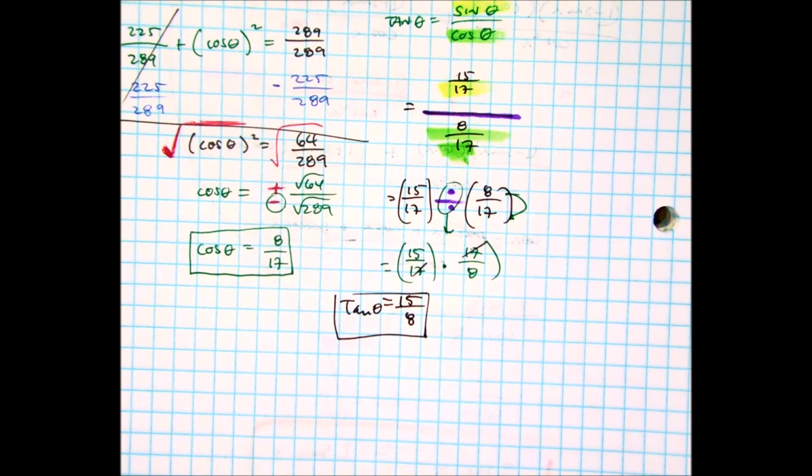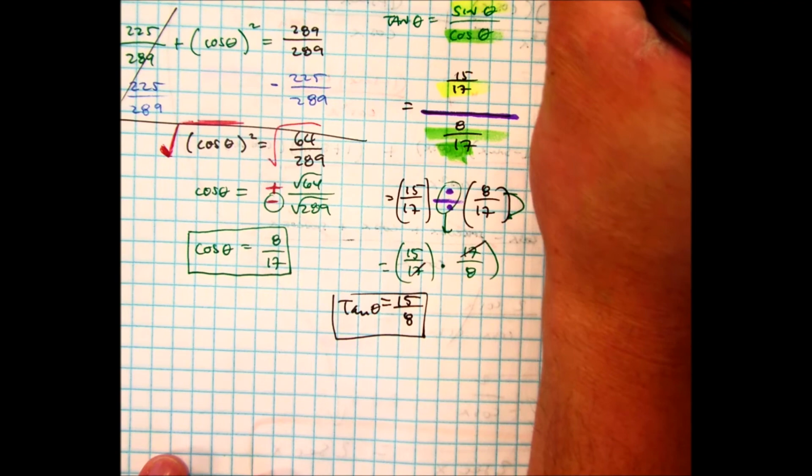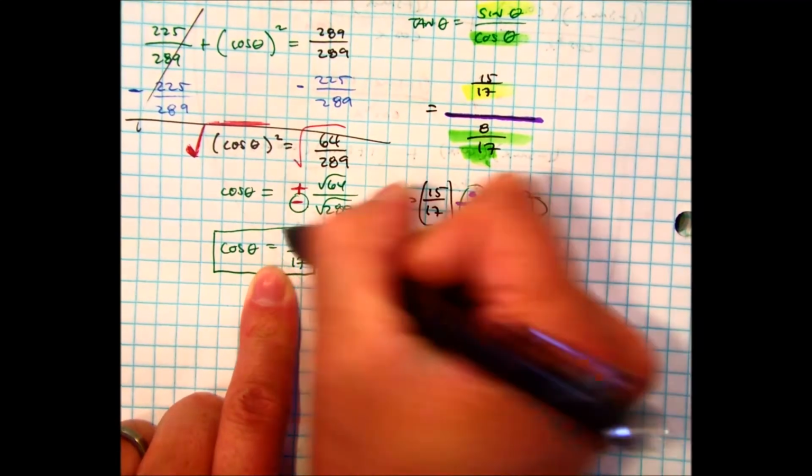Now let's think about this. Oh, my cosine should have been negative.